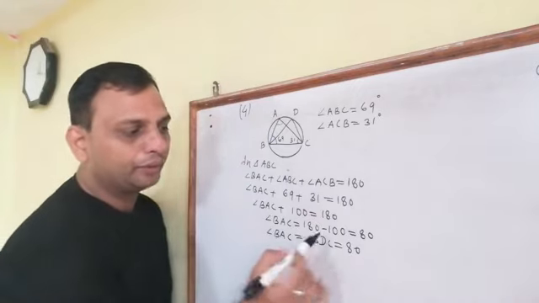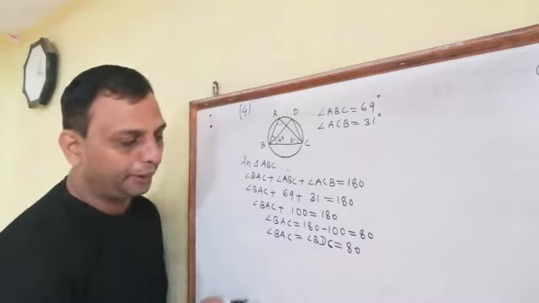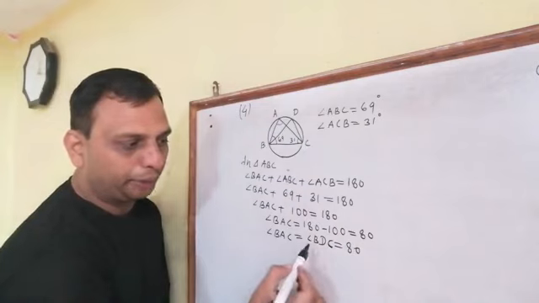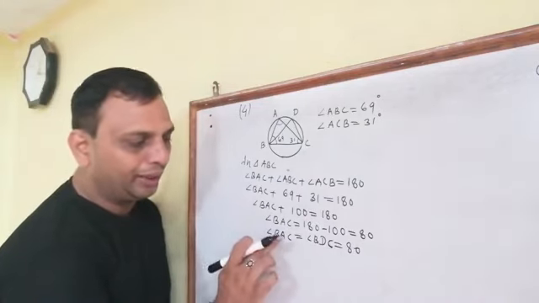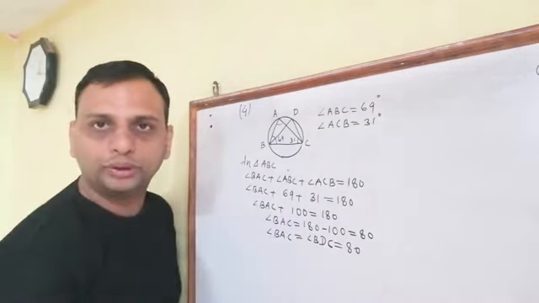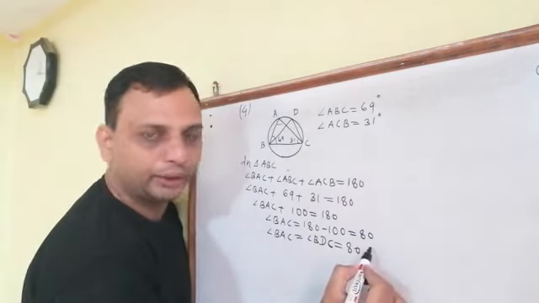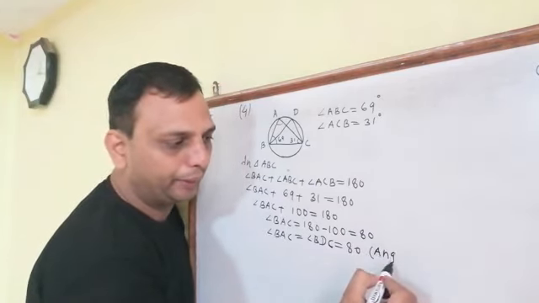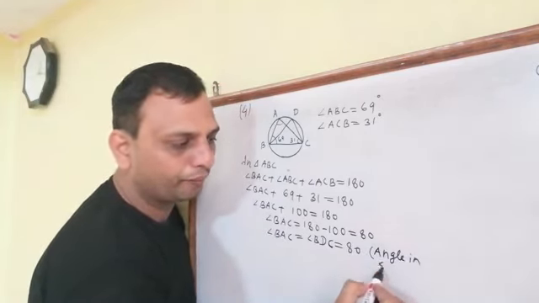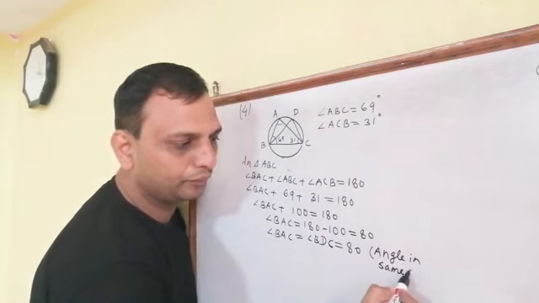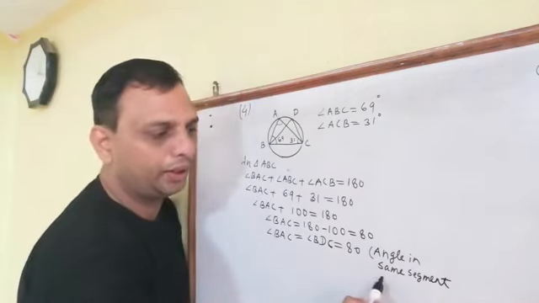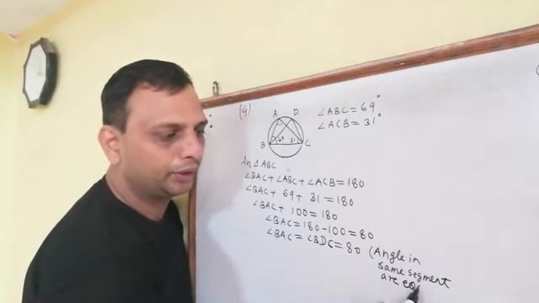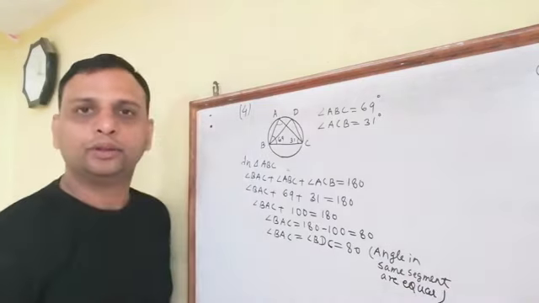To understand this property, you have to see two things common: BC is common, and A and D are on the circle. So you can write here: angles in the same segment are equal. This is theorem 10.9.